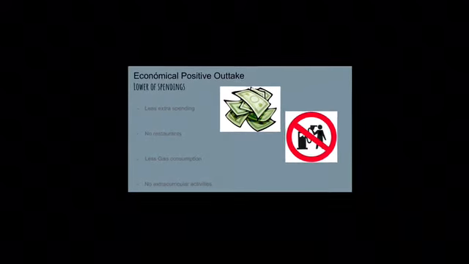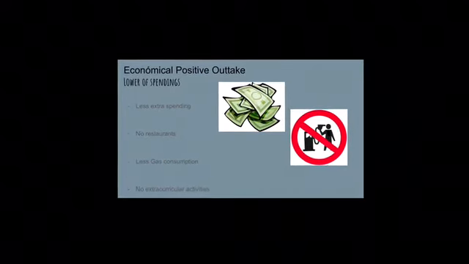With the situation of COVID-19, we can see some positive and negative outtakes on some aspects of each country. For example, an economical positive outtake that COVID-19 has on the world is that there is a lowering of spending for each individual, because they spend less since they don't go to restaurants.